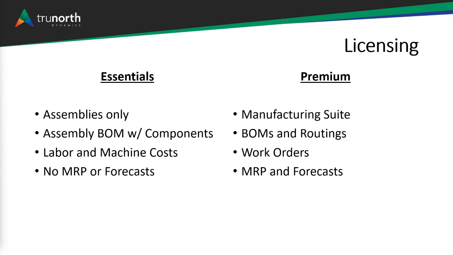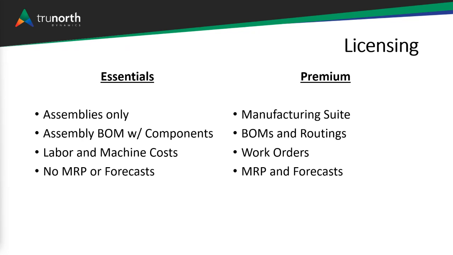If you're staying with the Essentials license and you're going to go down the assemblies path, you need to understand that that does not include any of the MRP or MPS, Master Production Scheduling, or forecasting capabilities. Those are reserved exclusively for the Premium license and the full manufacturing suite. Within that manufacturing suite, as part of the Premium license, you get all of the manufacturing capabilities.